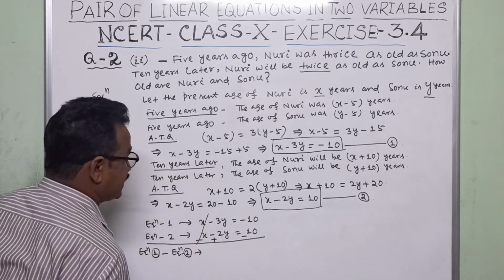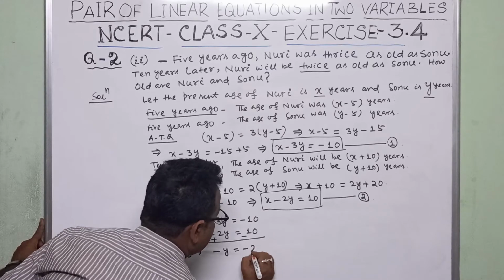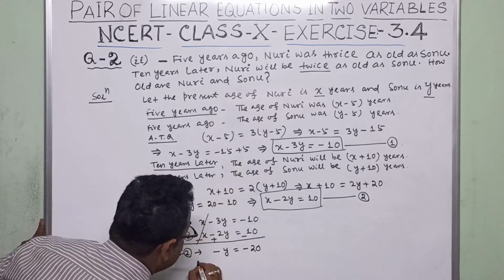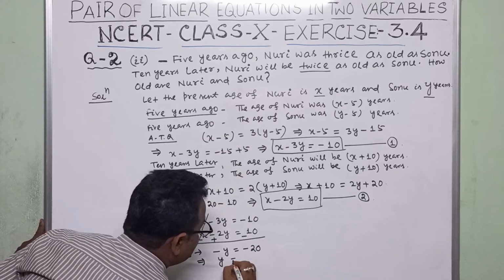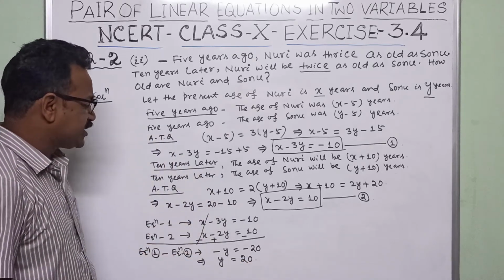So x cancelled, and minus y is equal to minus 20. That implies y is equal to 20.